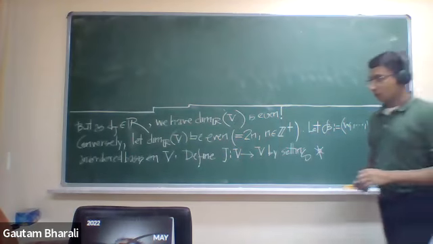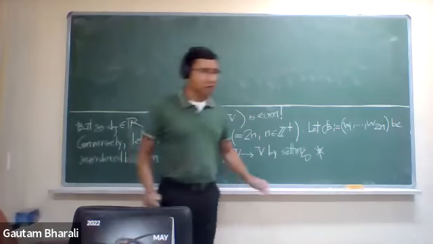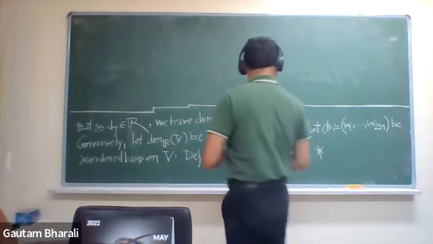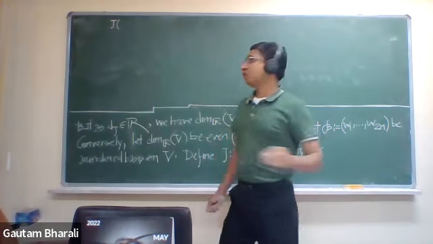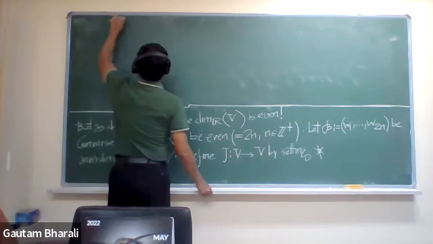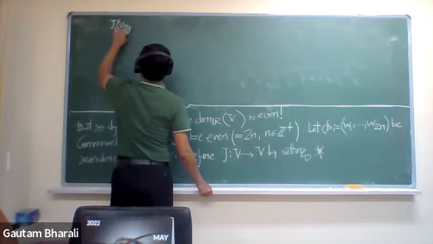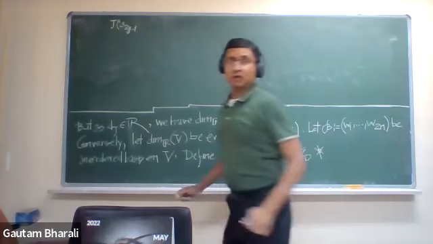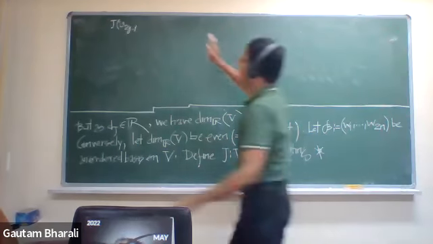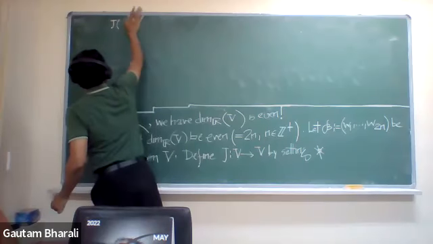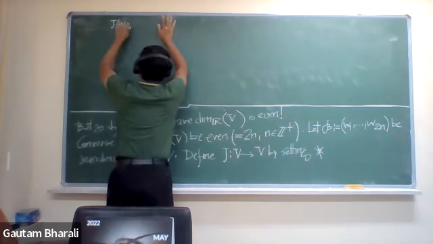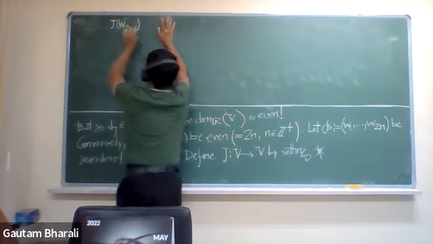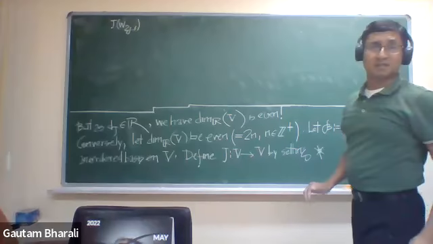So, by setting J of W sub 2j minus 1, I have my ordered basis, so there is an ordering in it, and I'm taking an odd-numbered element in my ordered basis.